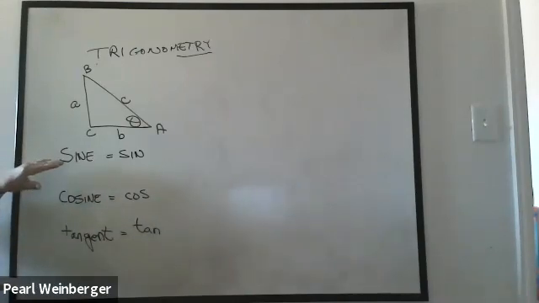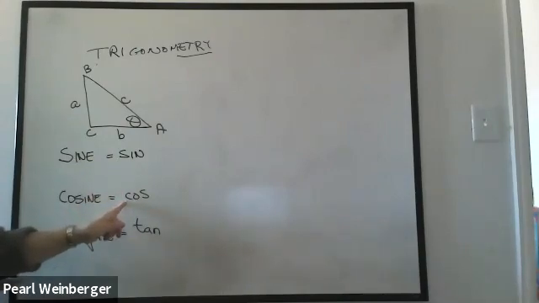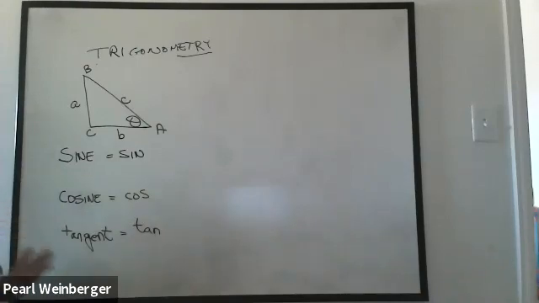Notice that if you look on your calculators, you will see a button that says SIN, a button that says COS, and a button that says TAN. We're not really going to use them on our calculators.